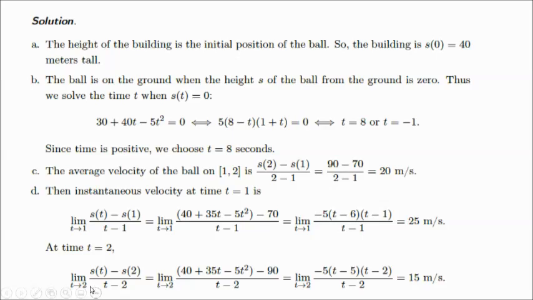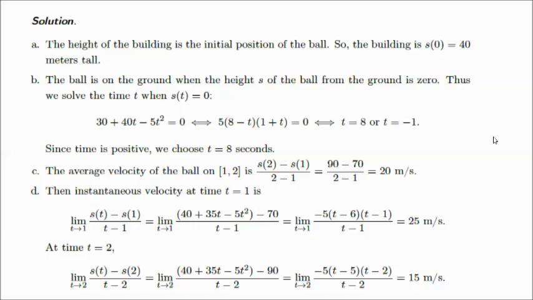Then kapag time is equal to 2 naman, so ganito siya. Siyempre, papalitan lang ng 2 yon. This is from the formula, class. Yung general formula ng derivative. Papalitan lang yun ito. Okay? And then given yung function. Yung kaninang sinasagot natin, ito lang din yun.